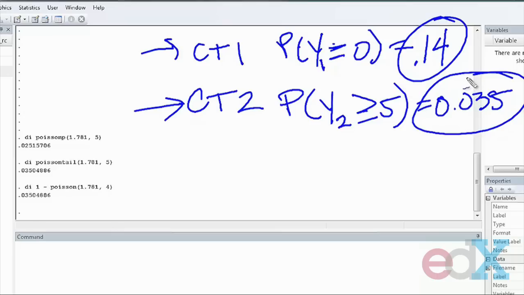Now, what's the takeaway message here? We've seen that Census Tracts 1 and 2 are similar in population size, and so they have similar expected breast cancer case counts. However, in Census Tract 1, we observed no cases. In Tract 2, we observed 5 cases. Using the Poisson distribution, we calculated the probability of observing events as extreme as 0 or 5. But you have to keep in mind that there are about 2,000 total census tracts in LA County, and we've only looked at 2 of those tracts.